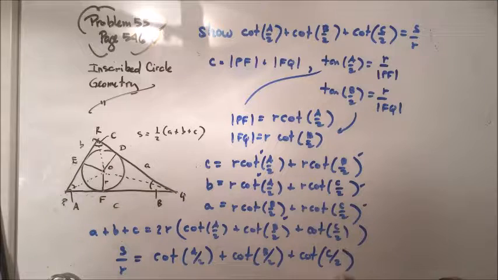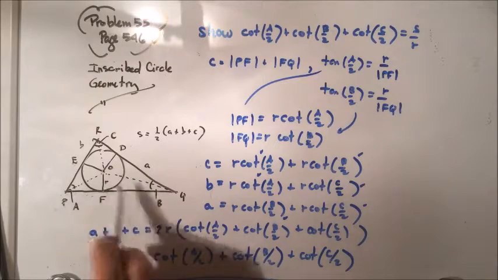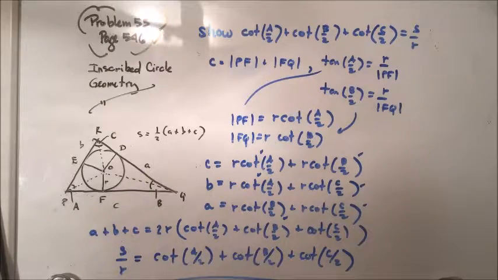Tedious problem, but you successfully solved it there by looking at the little right triangles interior to triangle PQR and just using the trigonometric identities on them. Okay, let's move on.